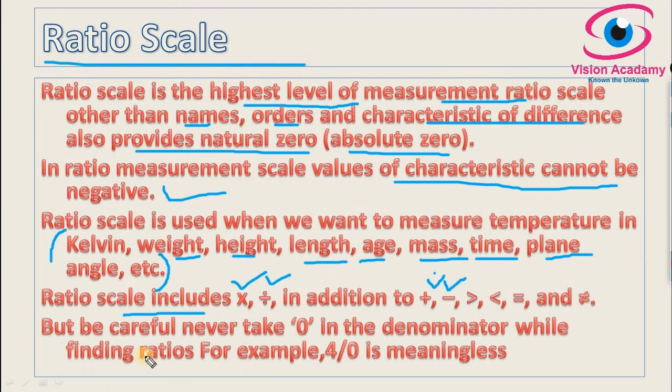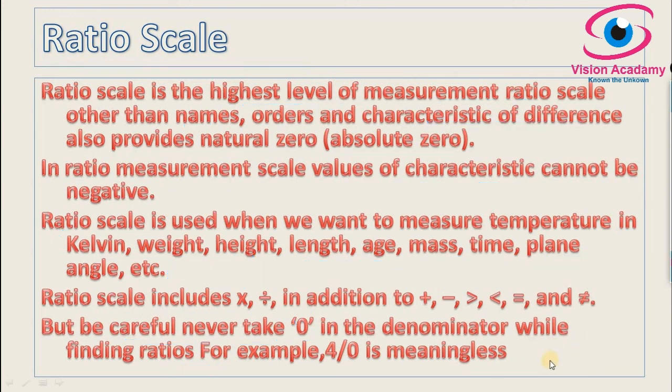As I said, you must be very careful. In the denominator, 0 can't be considered while finding ratios. For example, 4 by 0 is really meaningless. To make this ratio scale clear, I will give you some examples through which you can understand what the ratio scale is.